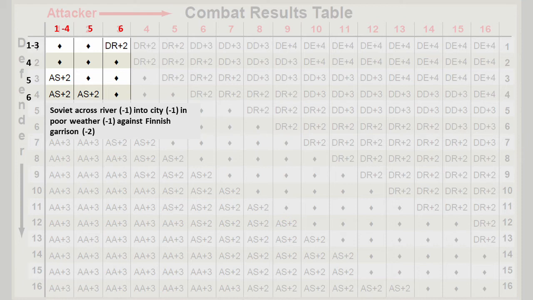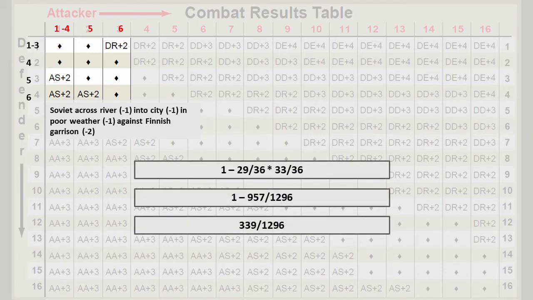So in this case, 29 in 36 multiplied by 33 in 36. And you subtract that from 1. So instead of calculating the odds that you will succeed, you calculate the odds that you will fail, because probabilities where one thing after another have to happen in a particular order are easy to calculate. You just multiply the probability of each of the individual events together.